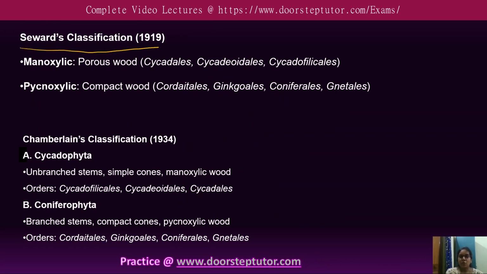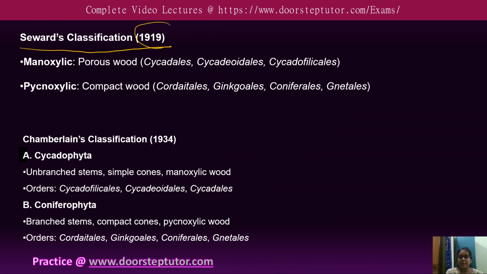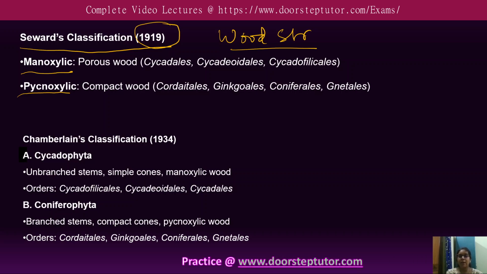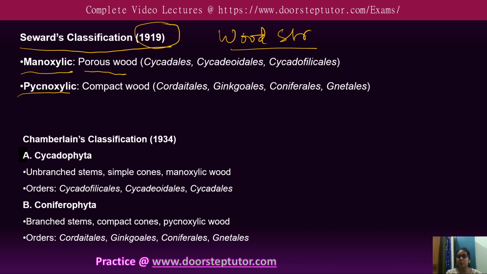Next is the classification of Seward in 1919, who classified the gymnosperm based on the wood structure and other characteristics. Okay, so simply, based on the wood composition, two types of wood are there, manoxylic and pycnoxylic. We all know the manoxylic woods are generally porous and very loose.